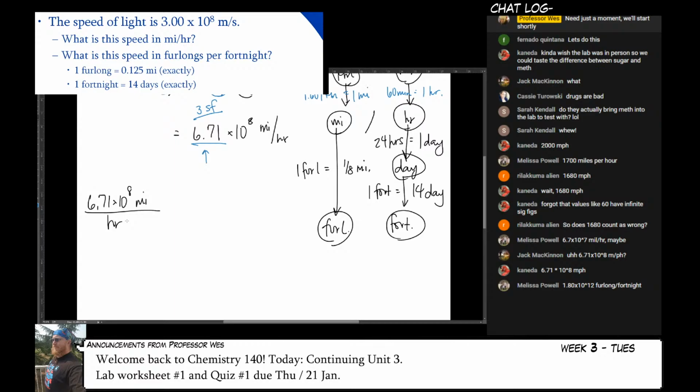Make sure that you set up your units like this. Whenever you have something per something, that thing that's on the bottom needs to actually show up on the bottom. If you put it on the top, then it doesn't really mean anything, right?